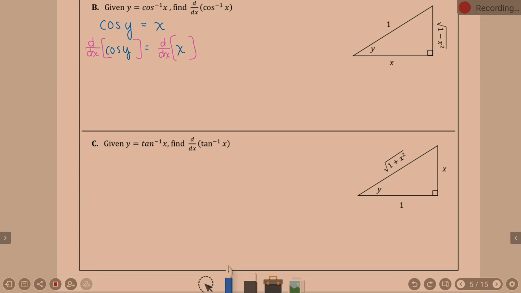What is the derivative of cosine of something? Okay. Negative sine of something times, what's the derivative of something? So what's the derivative of y? Okay, it's 1 and then times dy dx because it's with respect to x. On the right, what's the derivative of x? 1.